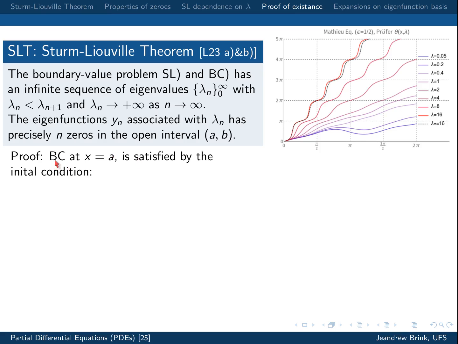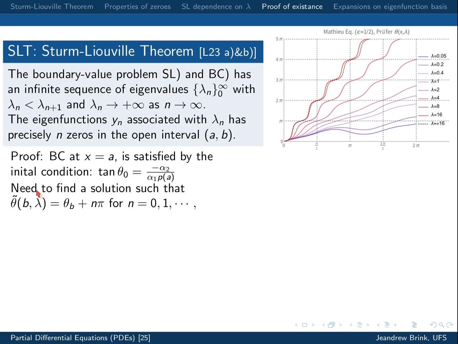Okay, so basically the boundary condition at x equals a is satisfied by the initial condition. Tan of theta 0 is equal to alpha 2 over alpha 1 p(a). Okay, so this point is sorted. But what is needed is to find a solution such that theta tilde at b, in other words, along this line for the Mathieu equation, is equal to theta b, which is specified by the boundary conditions, plus n pi for any integer from 0 to infinity.